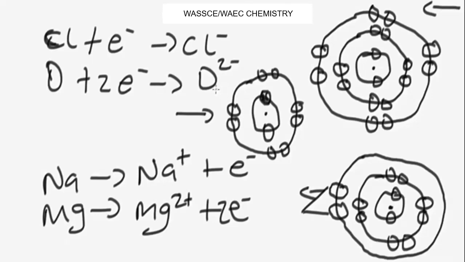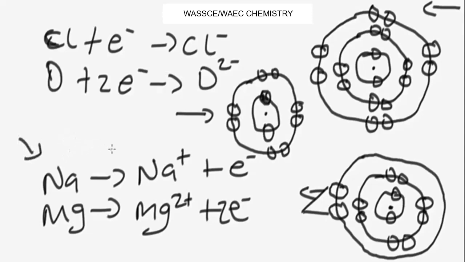Now note that elements in the same group all have the same number of outer electrons, so they have to lose or gain the same number to get a full outer shell, and this means that they form ions with the same charge. Just like group 1 elements, all elements in group 1 have 1 electron in their outer shell. Examples of elements in group 1 are sodium, potassium and lithium.